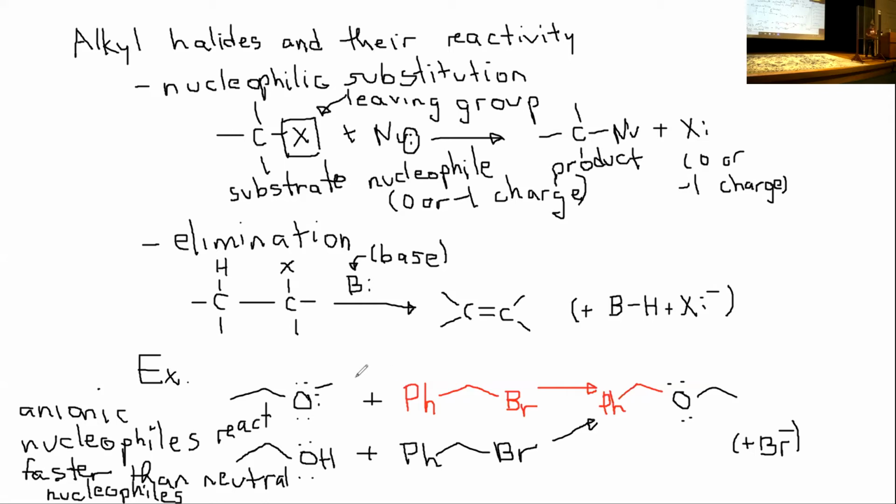So, that kind of makes sense because the neutral nucleophile is at first going to give something like this that still has the hydrogen attached and will have the plus charge. And now you'll need something to come in and take off that proton to give you the neutral product. So it's a less efficient reaction. So other things being equal, OTBE, but other things being equal, anionic nucleophiles react faster than neutral nucleophiles.